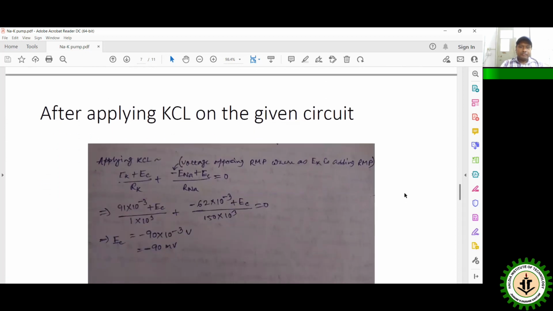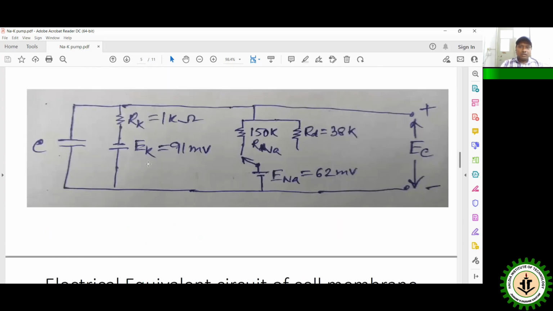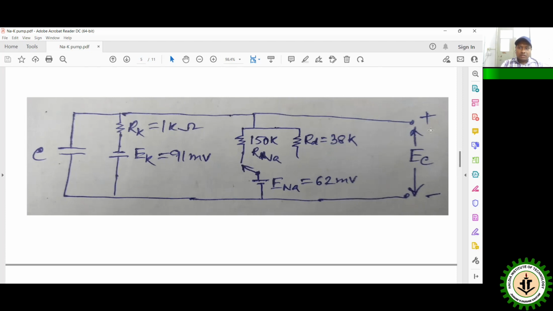We get EK plus EC divided by RK, plus, this will be minus of ENA, as the polarity is positive on one side and negative on the other for this power source, which is in the opposite direction of the applied EC.